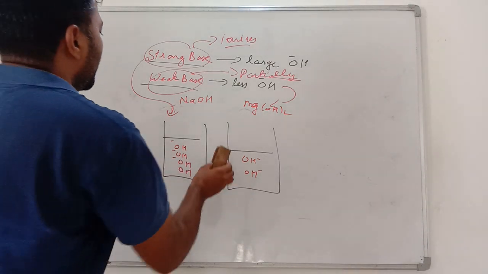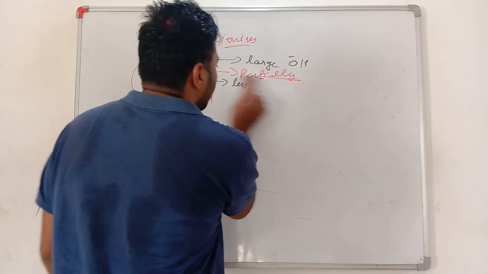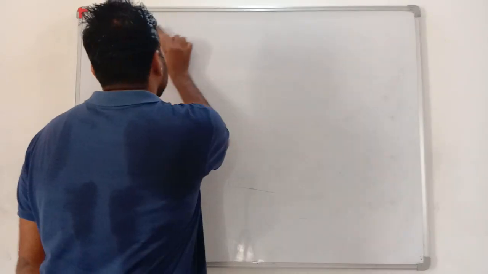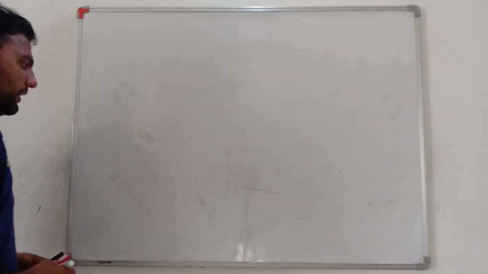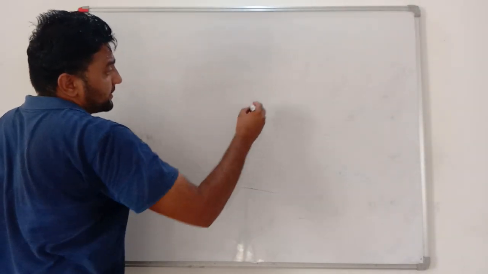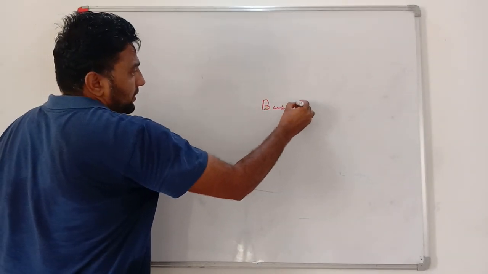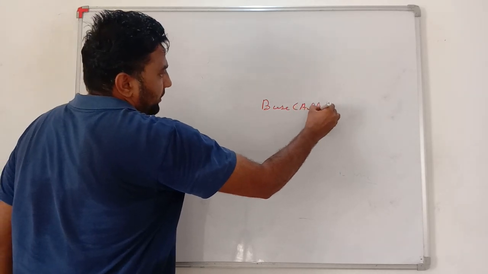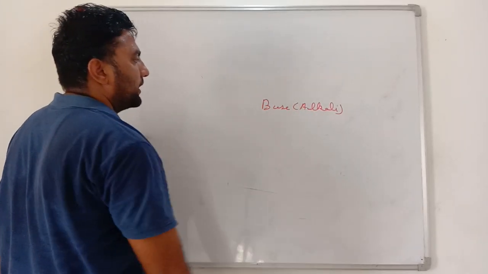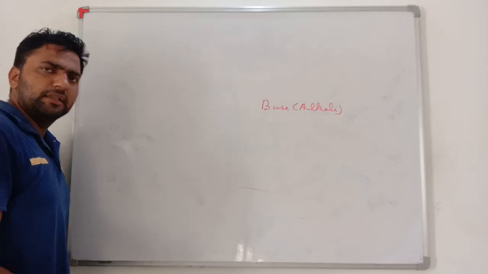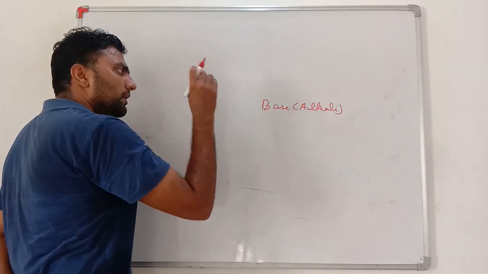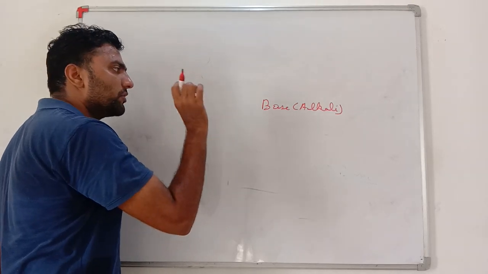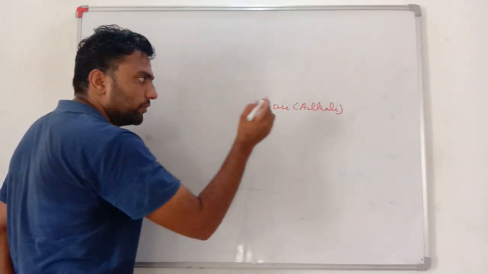Now, very important thing which you need to know about acid and base is, at the start of base, I told you that we will be using the word alkali. Why only those bases which are able to dissolve in water, why are we taking only those bases?